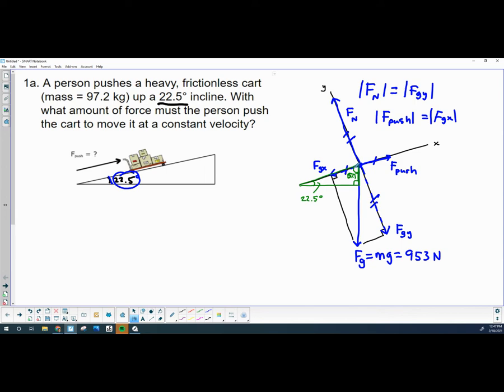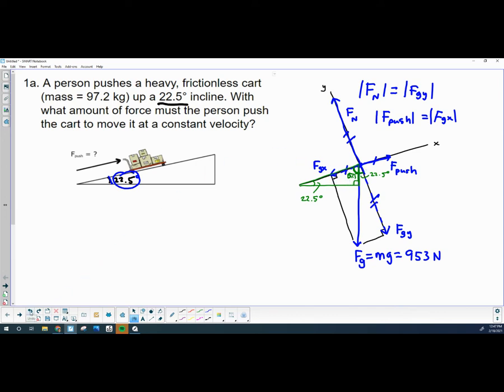By the same argument, if this whole angle here is 90 degrees and this is 67.5, the rest over here should be also 22.5 degrees, okay? So that's a way that I can start to work out FGX, if I know one of these angles.